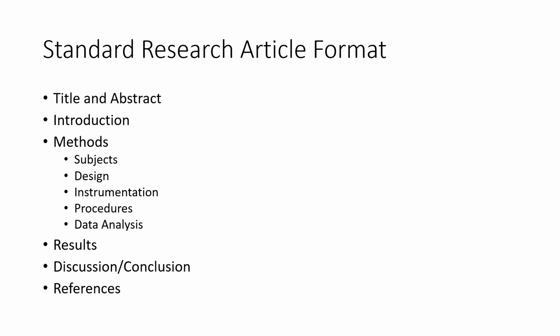Then the results of those studies, and any discussion and conclusions the author drew, which usually includes future questions they want to pursue, as well as references for where they got their content in their introduction material and discussion. There may also be an acknowledgement section where authors can thank anyone who was particularly helpful, including grant funding for that research.